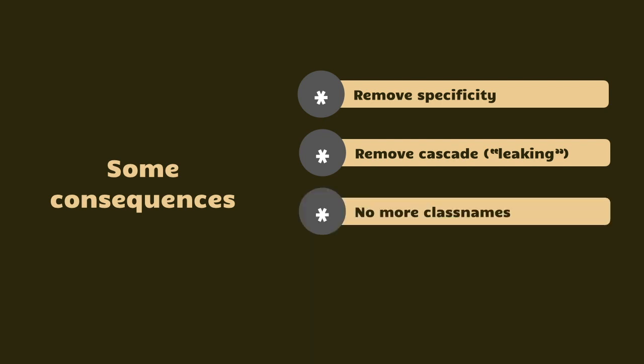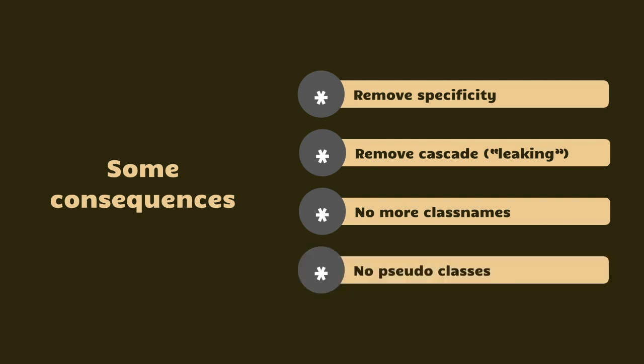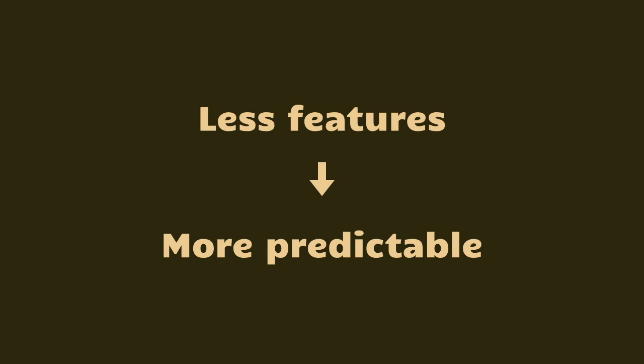You no longer have class names in some cases, which may be great because you don't need to invent class names anymore. And in some of these systems, you no longer have the ability to use pseudo-classes. So basically you have fewer features and get something that is a whole lot more predictable. And this is exactly what big companies are looking for. And it may be a solution for the company that you work at.